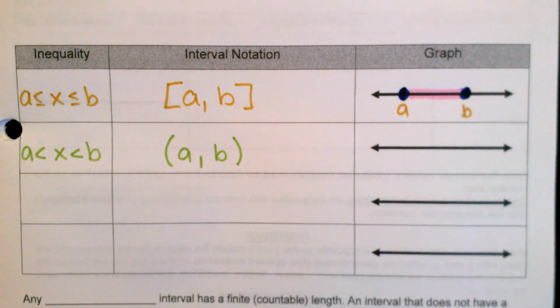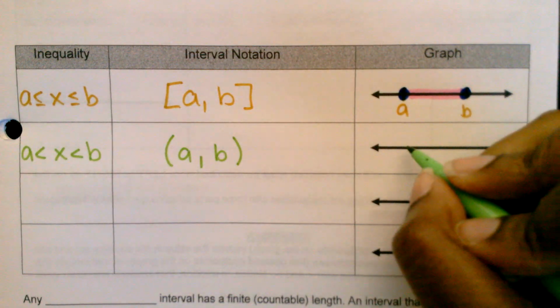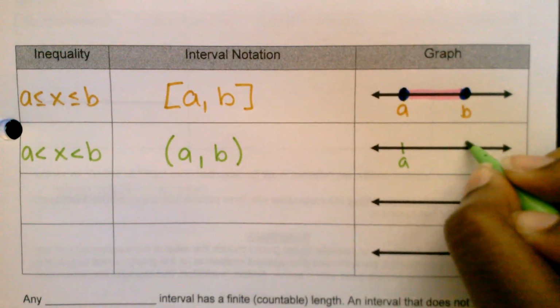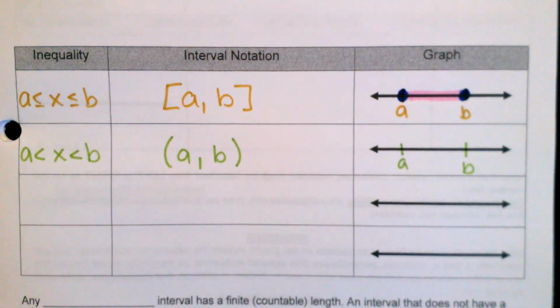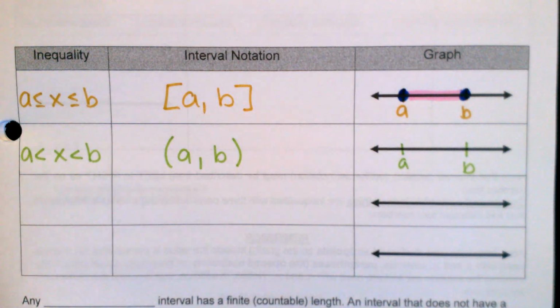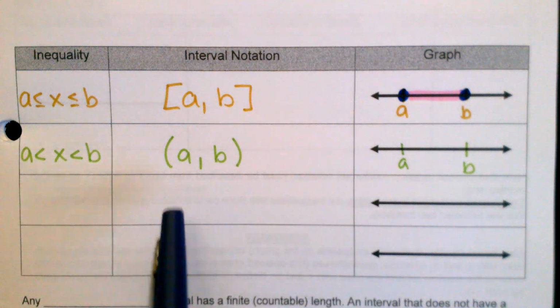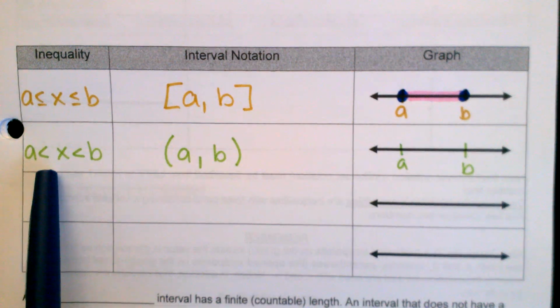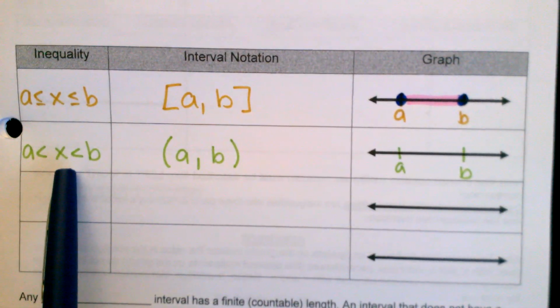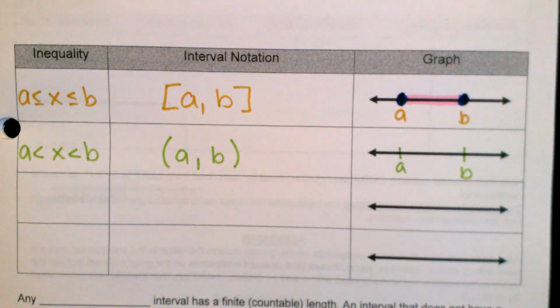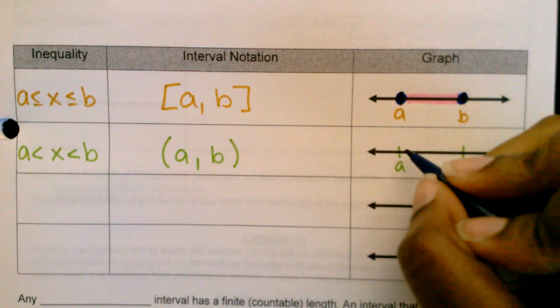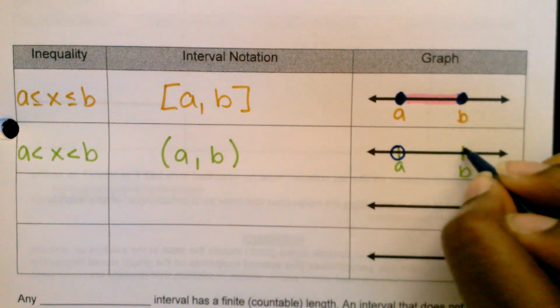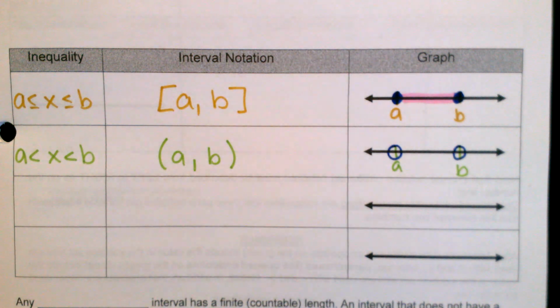So when I graph this on my number line, here's my A, here's my B. Because they are not included, because I see the parentheses here, and because they don't have the equal to sign underneath that inequality, those endpoints are not included. So I'm going to have an open circle on my number line, on my graph.